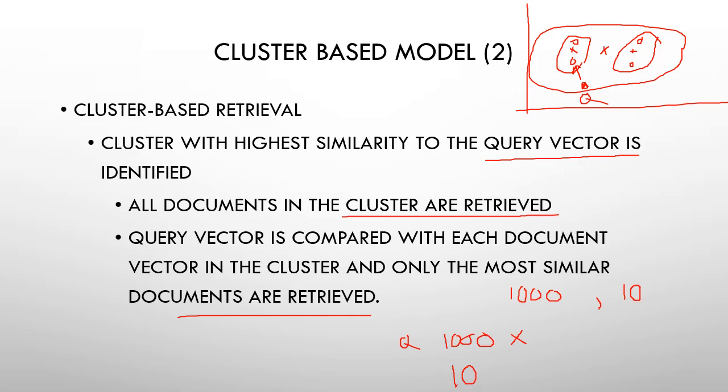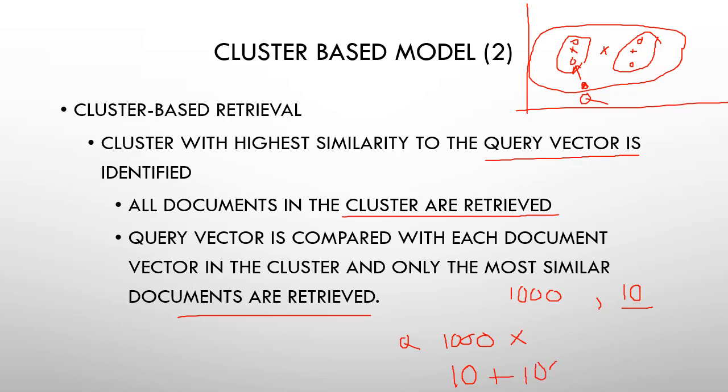With the cluster-based model, we will calculate 10 times, because the distance between the query and the cluster has to be calculated, and it needs 10 times. And then inside the selected cluster there are 100 documents, so we also have to calculate 100 times.